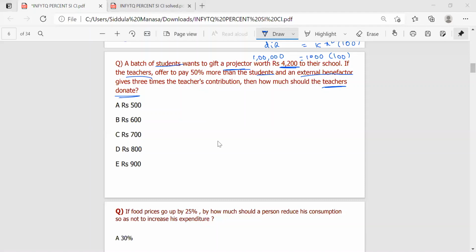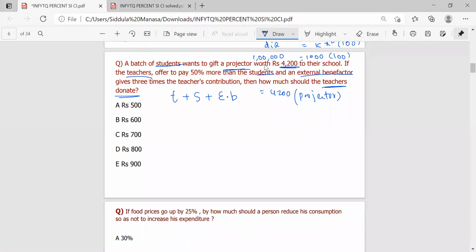Okay, so I got many answers. Now see, here the projector cost is 4,200. How many of them are contributing? The contribution is done by teachers, students, and external benefactor.